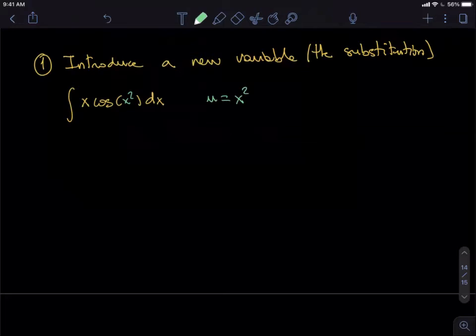Here, this is a bit of an art. It will involve sometimes trial and error, but as a general rule, things that appear inside functions like cosine or exponentials are candidates for a substitution, like here, u equal x squared. Let me note that because it appears inside the cosine.